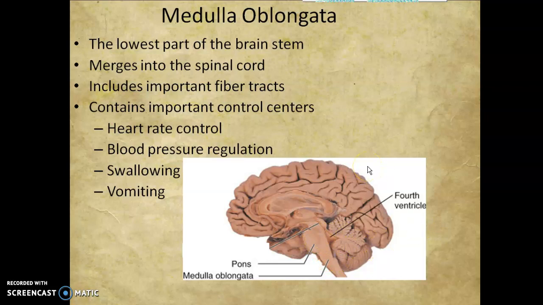That being said, since this is such an important part of our brain, when people get injuries to their brainstem, especially the medulla oblongata, it's usually a really bad turn of events.